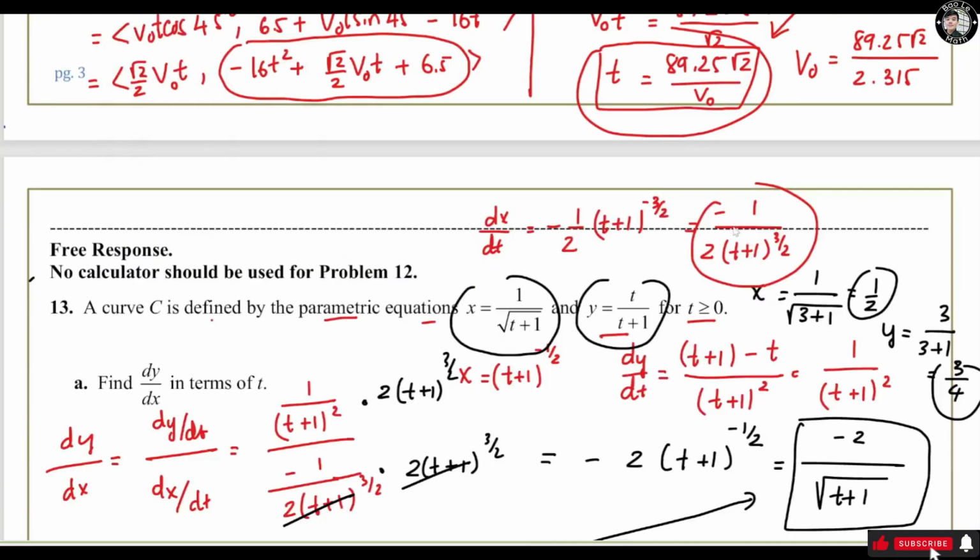Now if you square this one, x prime of t squared is going to be 1 over 4 times t plus 1 to the power of 3.